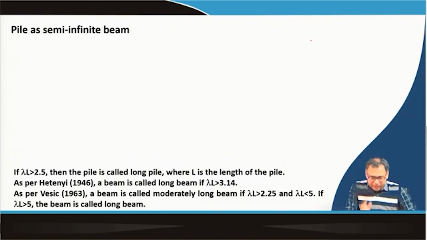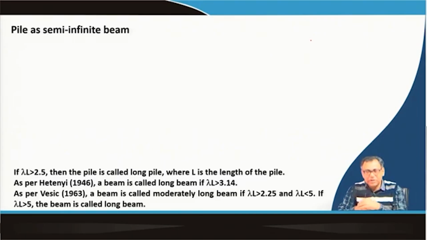And from this study I have observed that if lambda L is greater than 2.5, more or less your semi infinite beam and finite beam will give the same value.